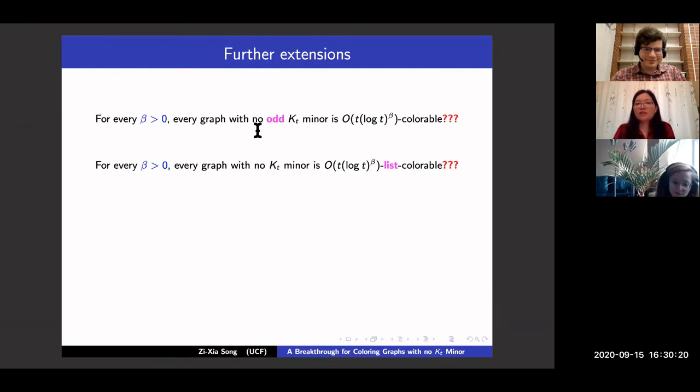Is it true that every graph with no K_t minor is t^(1+β) colorable for every β bigger than 0? And the same for this coloring. I haven't been able to do any research recently, so I won't be surprised if Sergey already has a solution to both of these questions.